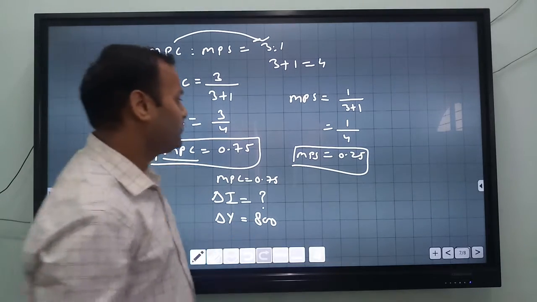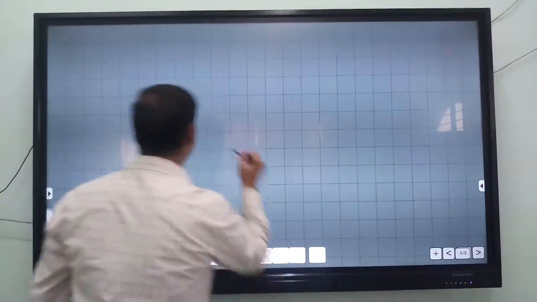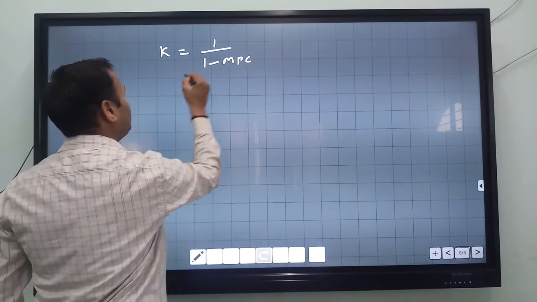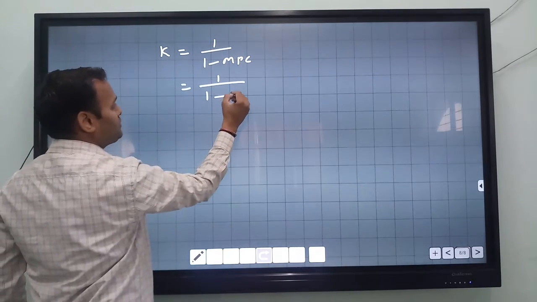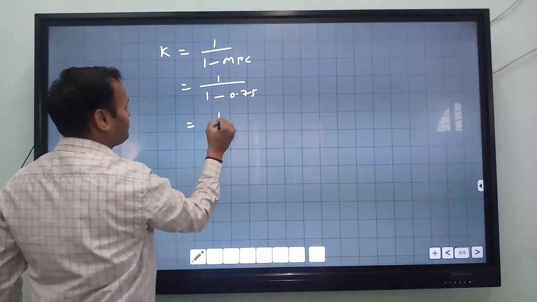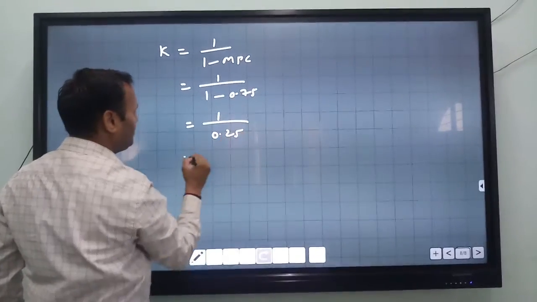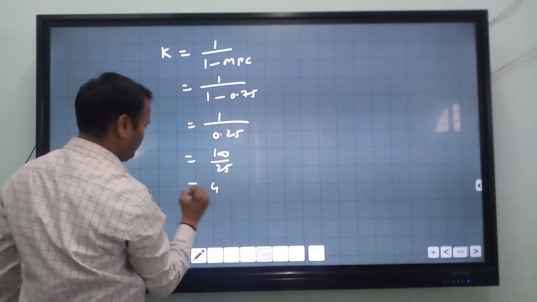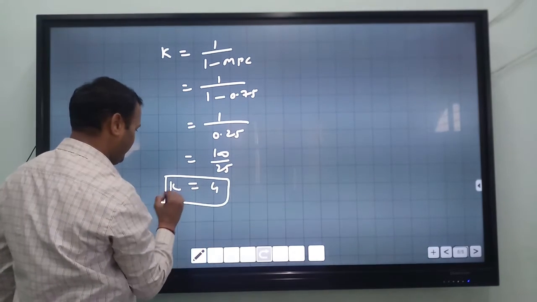Now what will we do? We will calculate K. K is equal to 1 upon 1 minus MPC. So 1 minus 0.75 is 0.25. So 1 upon 0.25, so 100 upon 25 is equal to 4. This is the value of K.